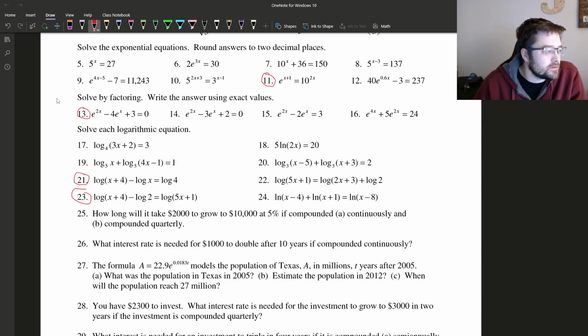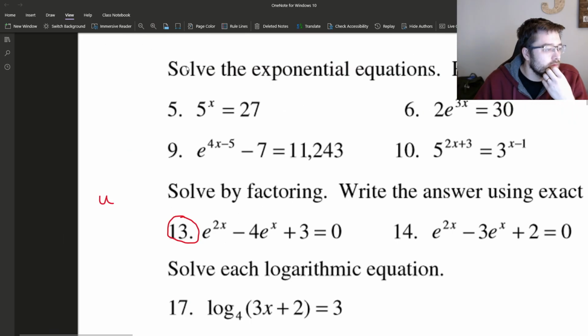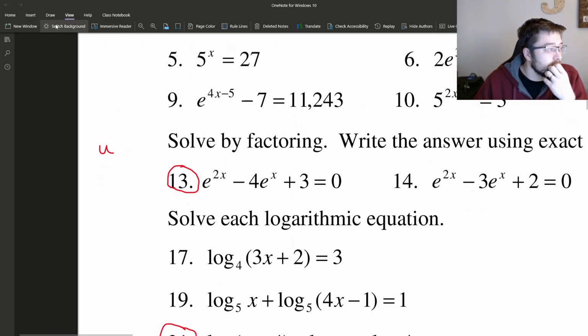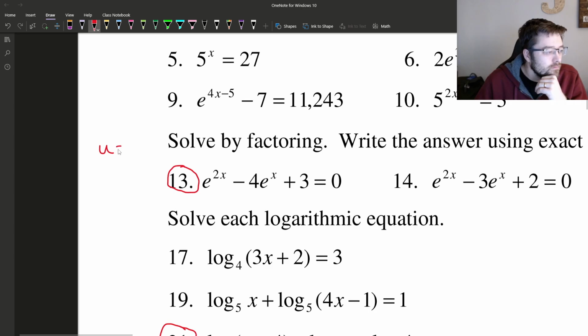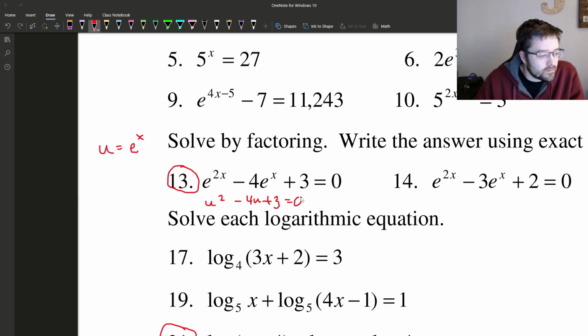On 13 is a quadratic in form. You must make u equal to e to the x. So we get something like u squared minus 4u plus 3 equals 0.